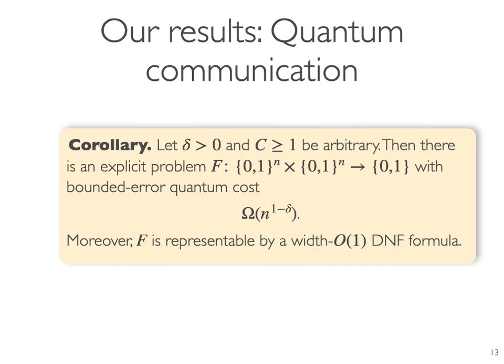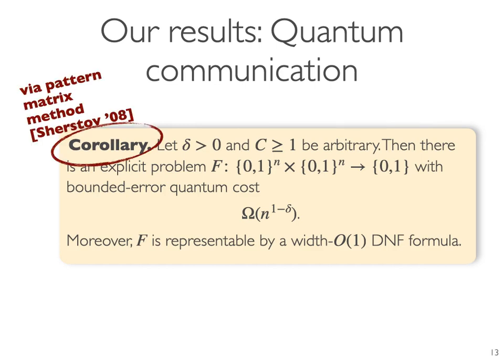Moreover, our function is representable by a polynomial size DNF formula of constant width. Once again, this result is an immediate corollary to our main theorem on approximate degree by invoking the pattern matrix method. Our lower bound essentially matches the trivial upper bound of n that holds for any function.